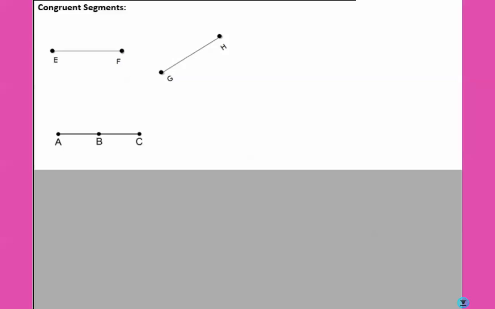So let's start by talking about what congruent segments are. Congruent segments have the same length. And we can check this by using our compass.